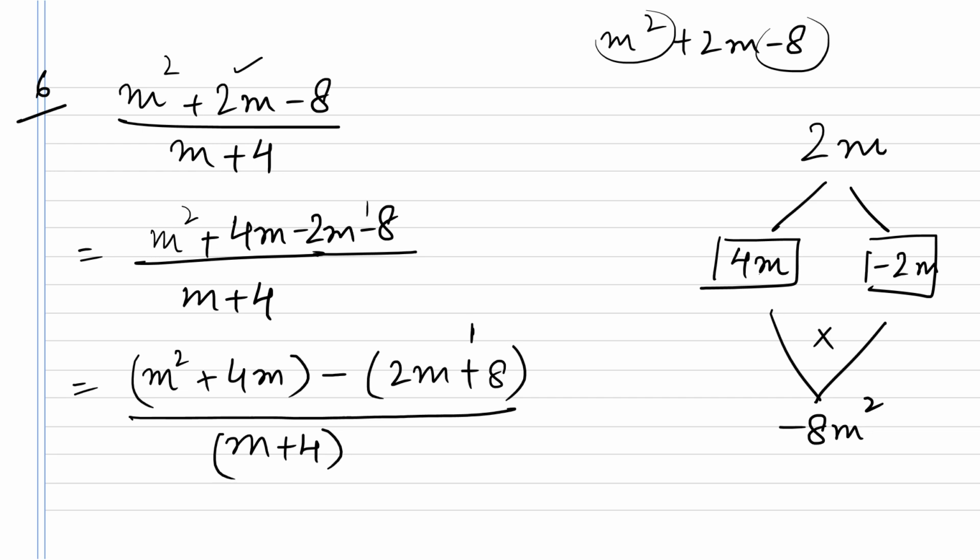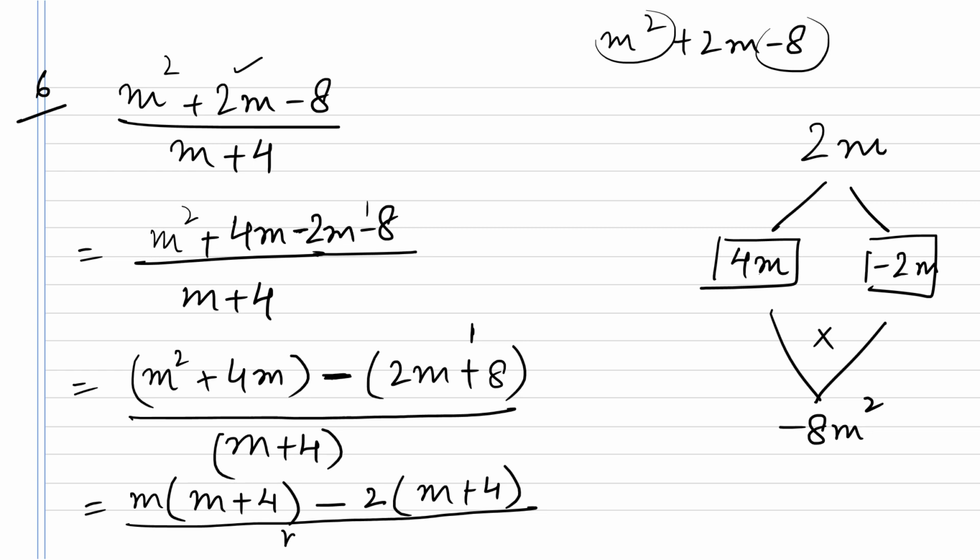Yeah, because I took out minus outside. When minus is outside, all the signs inside the bracket get changed. That's why. So from the first bracket I can take out m common, so m plus 4 is left. In the second bracket I can take out 2 common, so m plus 4 is left, and my denominator is m plus 4.